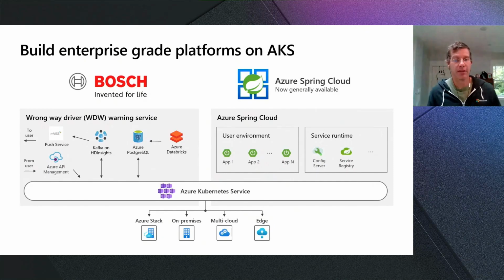And all of this coming together on top of the Azure Kubernetes Service so that their customers can access a simple to use API, right? So I think this is a great illustration of how all of the different pieces of Azure that we're talking about come together to run on the Kubernetes service. And of course, because everything's running on the Kubernetes service, it can go to all of these different environments like Azure Stack, on-premise, in the public cloud, and even edge environments.